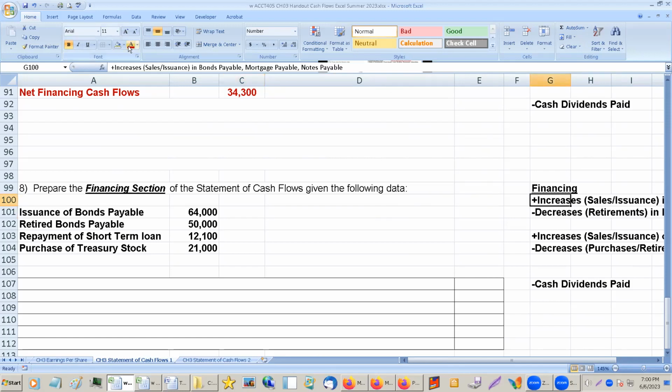So issue is a sale, same thing for a stock. If it was a stock, it'd be the same thing. Whenever they say issue, I don't know why they say issuance, I guess because it's a security. But anyway, issuance is a sale, so our cash would go up.